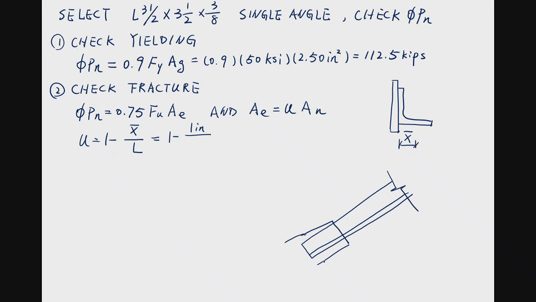So that's the gusset plate. Okay. And how many bolts? So assume that we use 3 bolts. Okay. And the spacing of the bolts is 5 inches. So 5 inch.